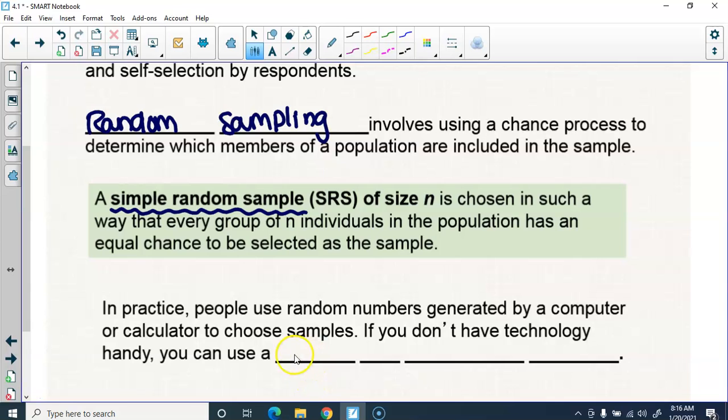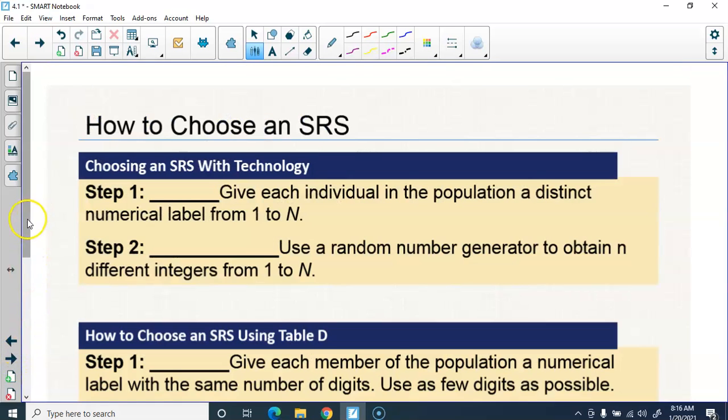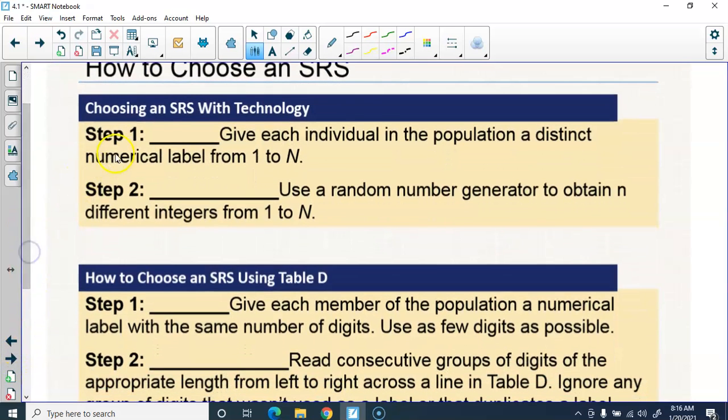We can use a table of random digits if we don't have technology. So let's look at how we can choose a simple random sample. We need to label every individual.